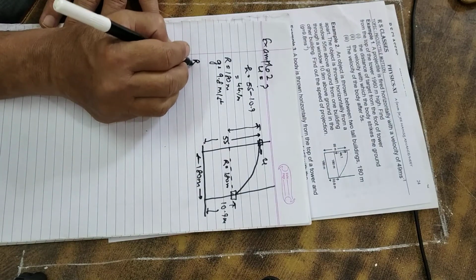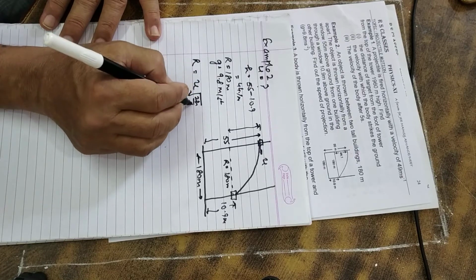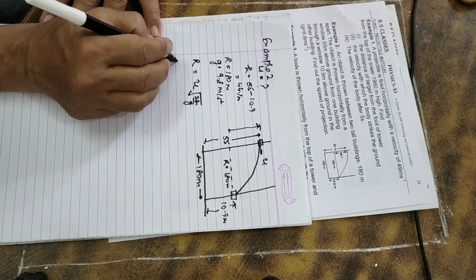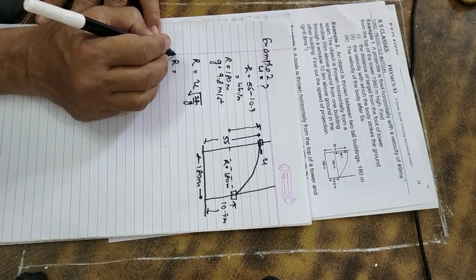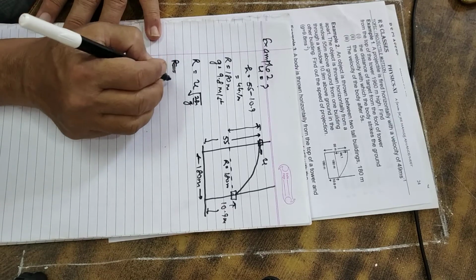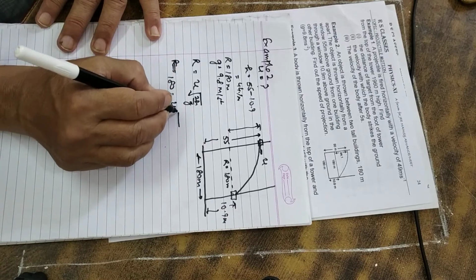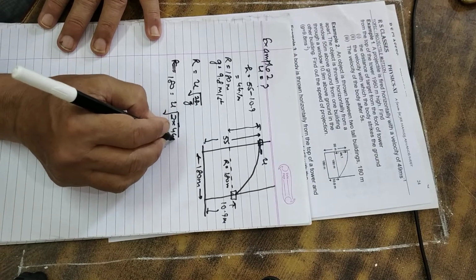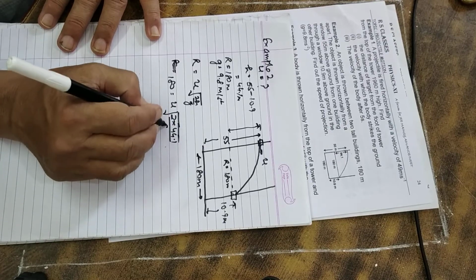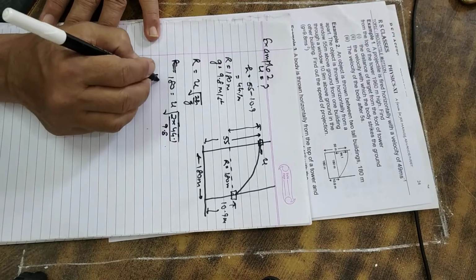For u, we are given R equals u under the root 2h upon g. R is 180 meters, u we have to find, under root 2h, h is given 44.1, upon g, g is 9.8.